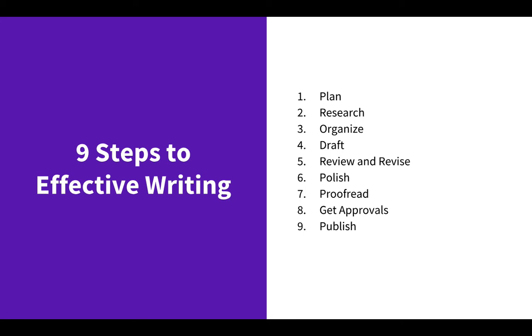Organize. You can never go wrong starting with an outline. It can only improve your writing. Drafts. Review and revise. Polish, proofread, get approvals from the people that you would get approvals from in your organization, and then publish.